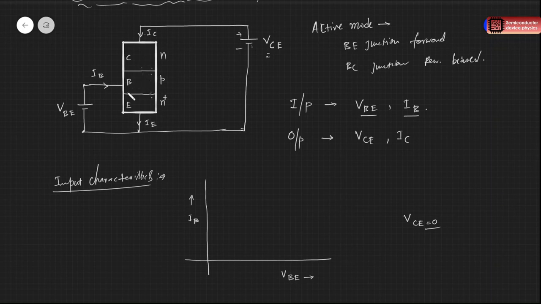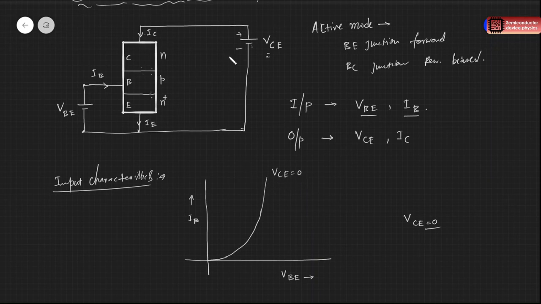At that condition, the base-emitter junction is forward biased, so it will behave like the forward characteristics of a diode. The current increases exponentially with voltage, typical diode characteristics, right? So this is for VC equal to 0.